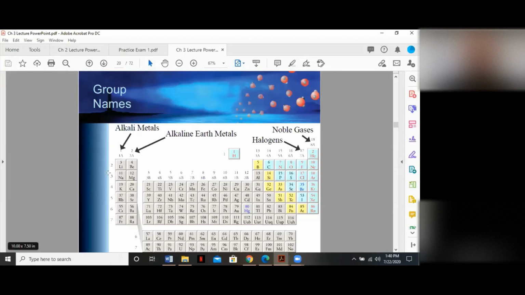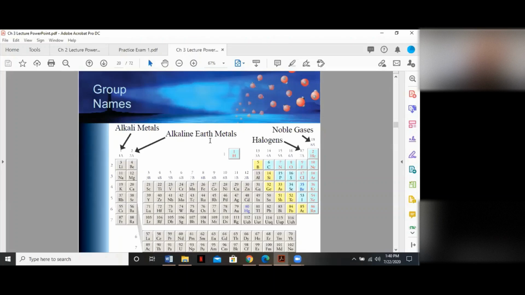For example, group 1. Group 1 is referred to as alkali metals. So when I see lithium, sodium, potassium, rubidium, cesium, francium, these all belong to the same group of alkali metals. Second group, going from beryllium all the way to radium, these elements all belong to the alkaline earth metals.